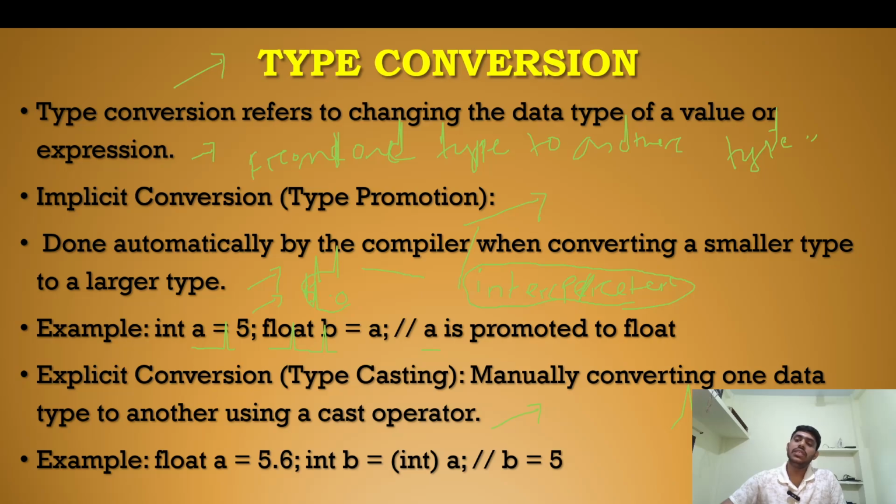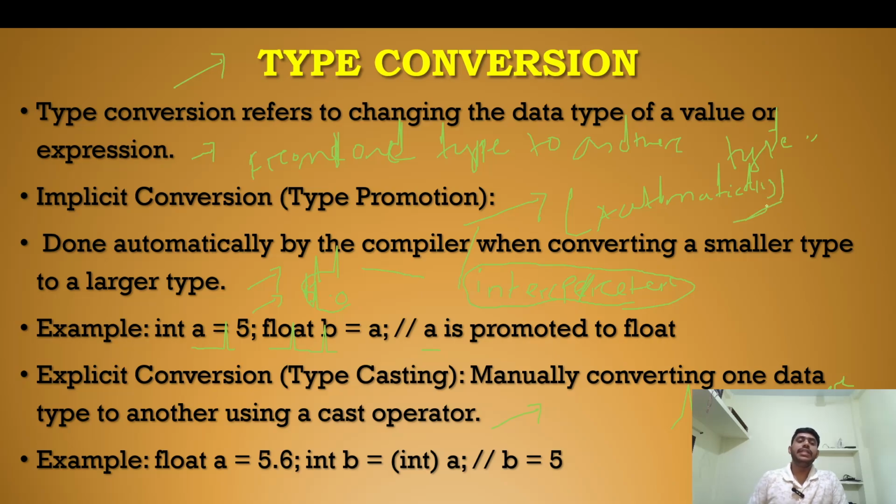That means it is a smaller type to this larger type. Okay, smaller type to larger type, 5 to 5.0. This is called implicit. Implicit means automatically, remember it, and it will be done by whom? Compiler or interpreter.